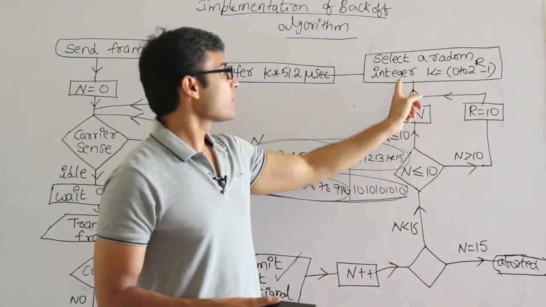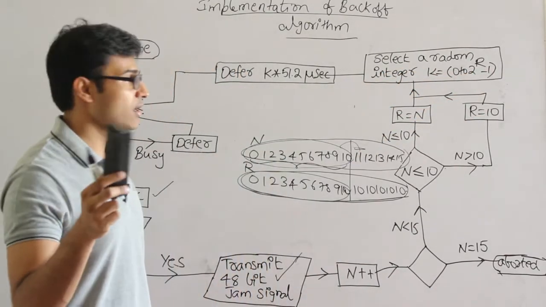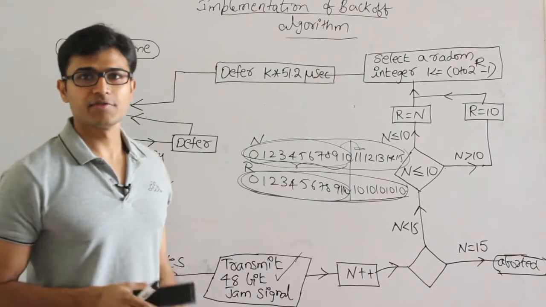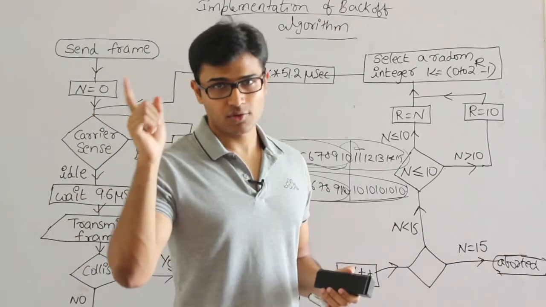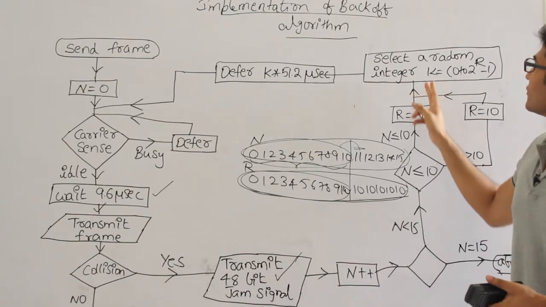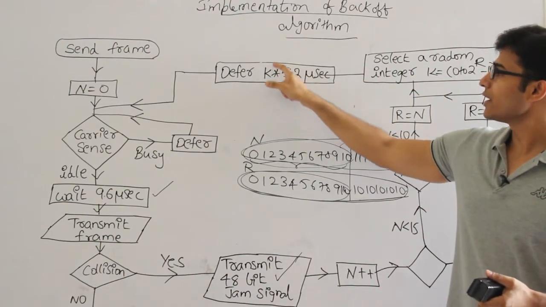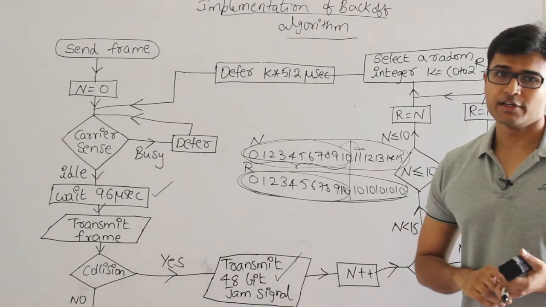Then we are going to select a random number from 0 to 2 power r minus 1. It is the same as how I did it in the algorithm. So once we have this collision number, we are going to choose a number from 0 to 2 power collision number minus 1. Remember it? Okay. Now once we choose that number k, we are going to multiply k into some waiting time.